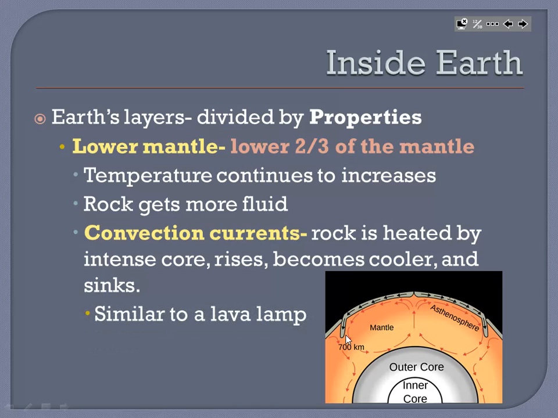So I always kind of compare it to a lava lamp. If you've ever had one at home or something similar to that, you have a ball of wax at the bottom, and you have a light bulb on the inside, and that is the source for your heat. Okay, so the light bulb will be like right here where you have the inner and outer core.